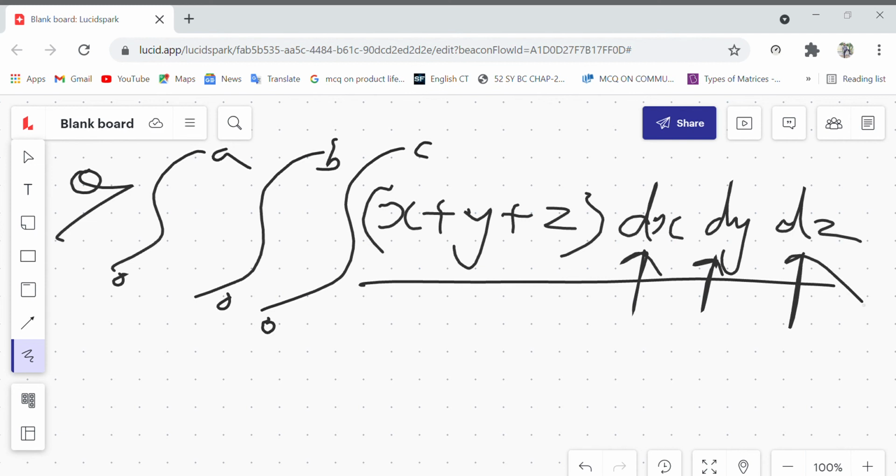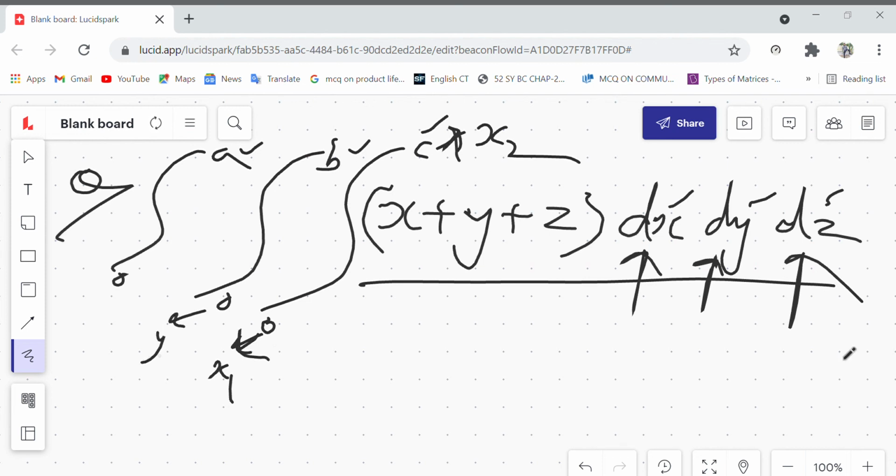A simple trick: we have to take this as x1 and x2, as a, b, c do not have any corresponding value with respect to x, y and z. So we take x1, x2, then y1, y2, z1, z2.